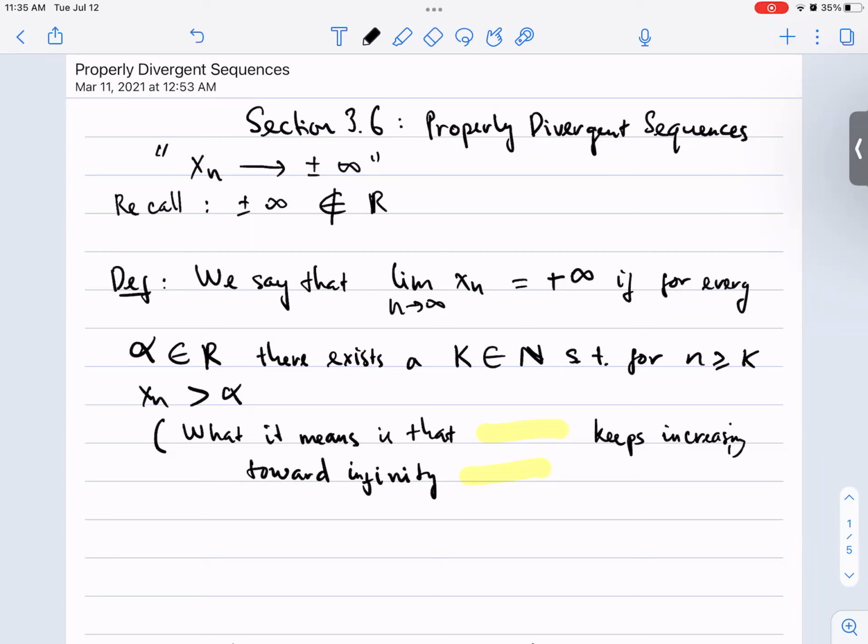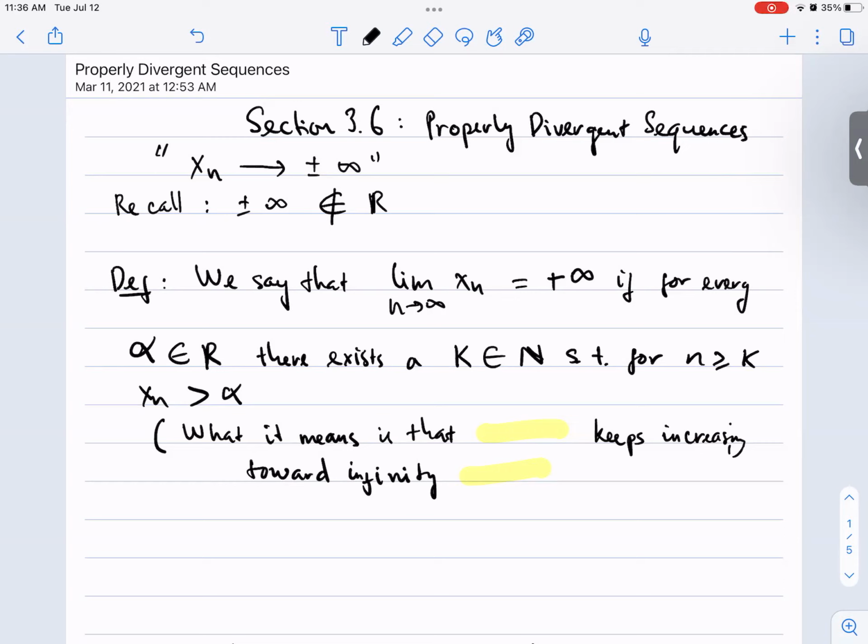You pick a very big number alpha. Even though this number alpha is very big, there must be some natural number k, such that for all indices bigger than k, any element xn must be bigger than alpha. It is true regardless of how big the original alpha is chosen.